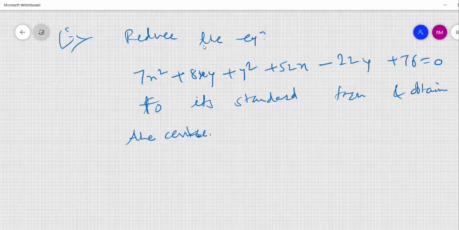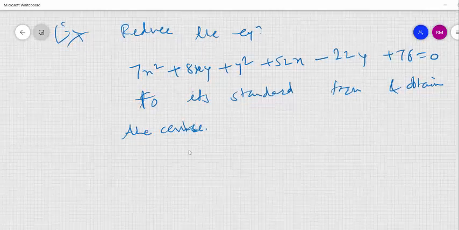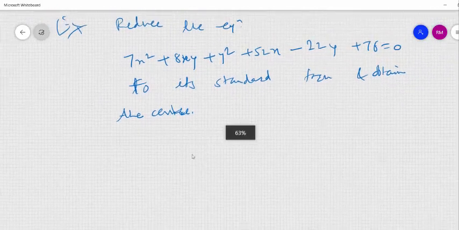We will discuss more on this problem also, but before that we should first find the center of this conic.